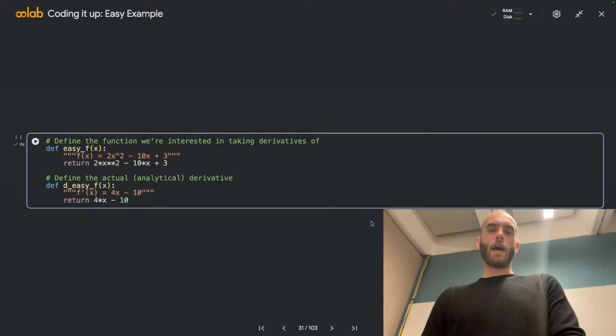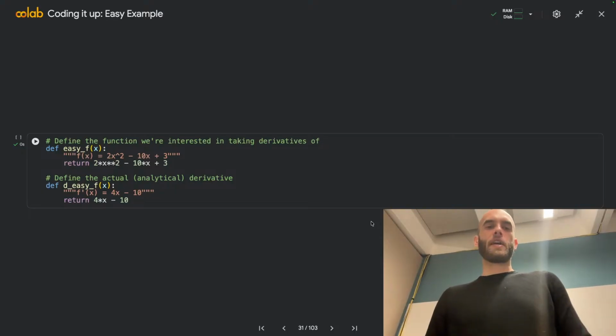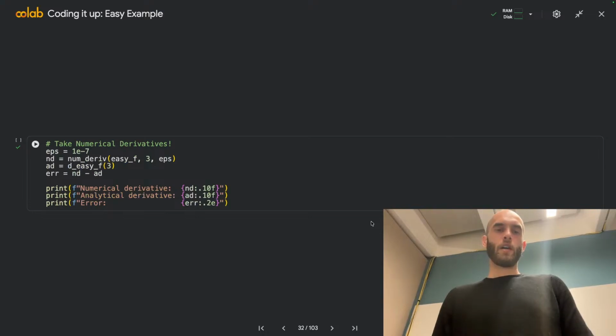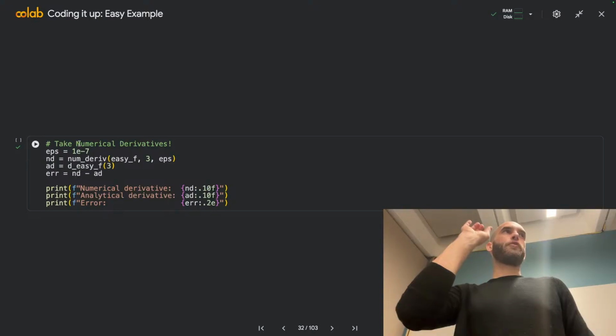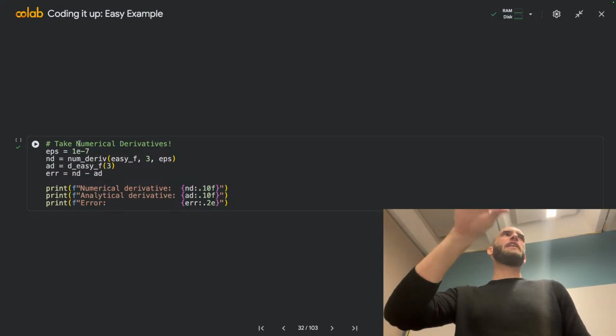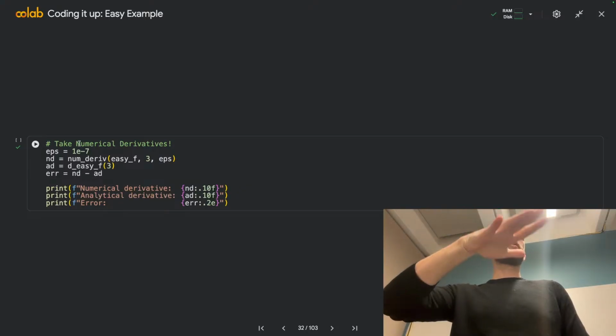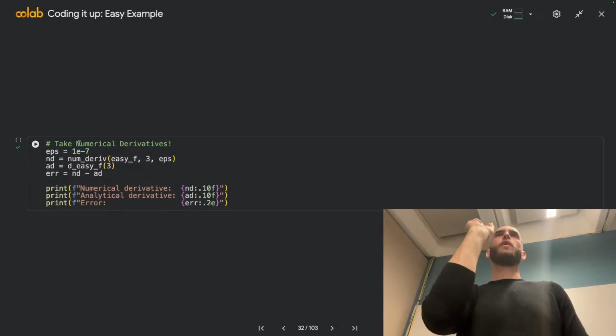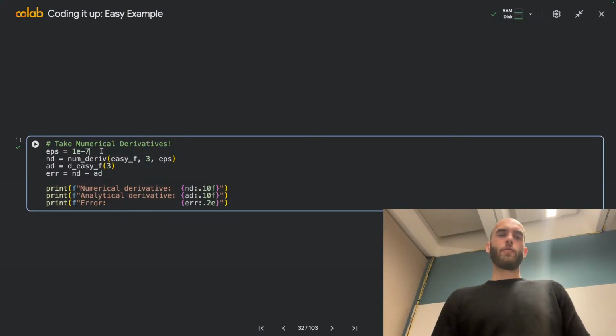Nice. So this is the way we would set up mathematical operations in Python. What I'm going to do here is run two things. First, I'm going to define the actual increment. To compute a numerical derivative, we need to know what the difference is, the epsilon, the value of the increment.